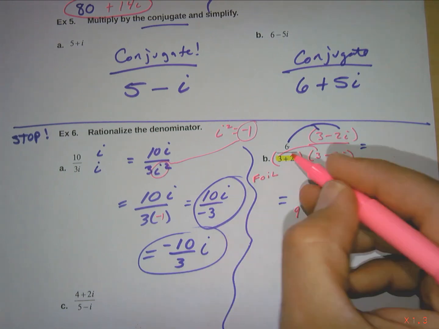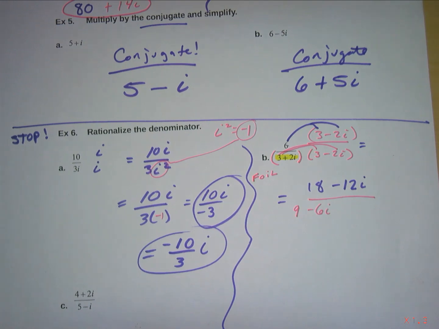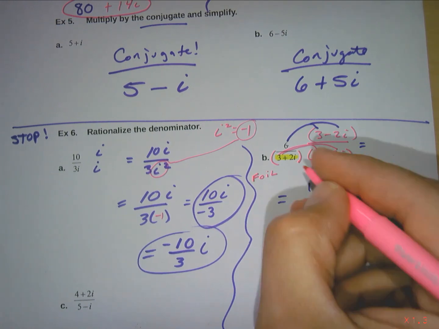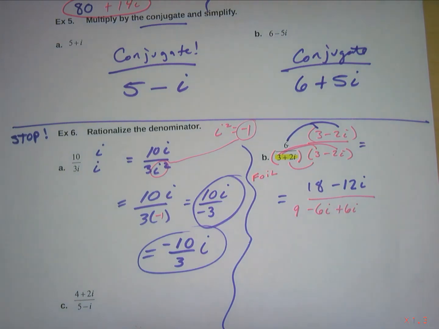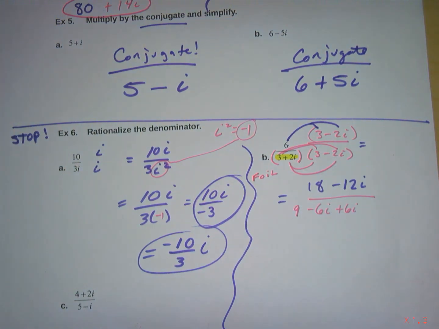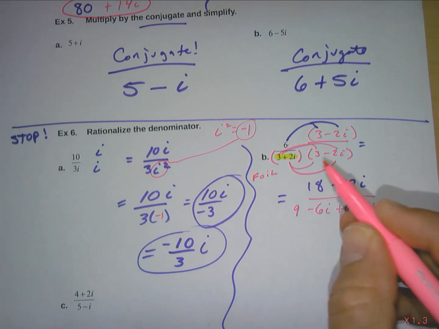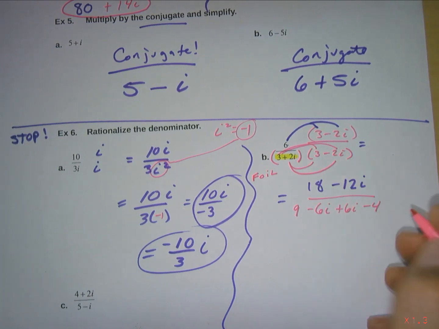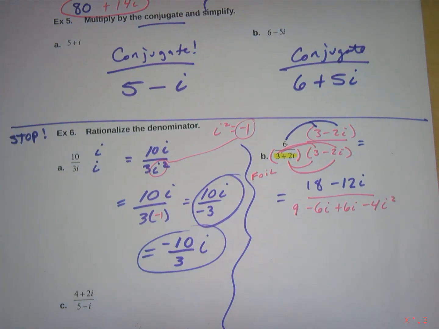Then 3 times negative 2i, that's negative 6i. And 2i times 3, that's positive 6i. And now positive 2i times negative 2i. So 2 times negative 2 is negative 4, and then i times i is i squared. So far, so good?